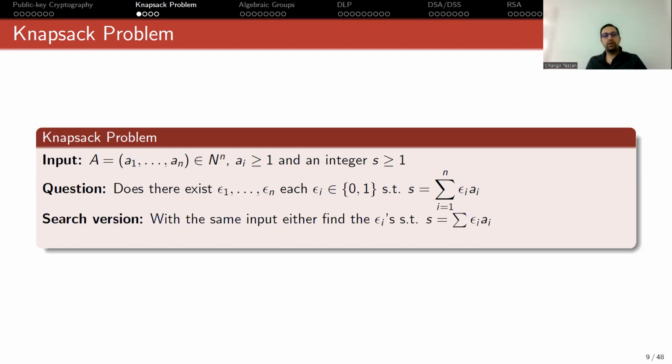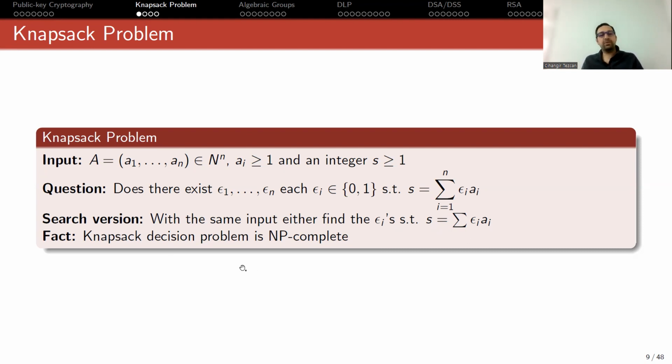Okay. The search version, with the same input, asks you to find epsilon_i such that the summation gives you s. The decision problem asks you if there's such a solution. The search problem asks you to give us these a_i or epsilons, depending on which one.